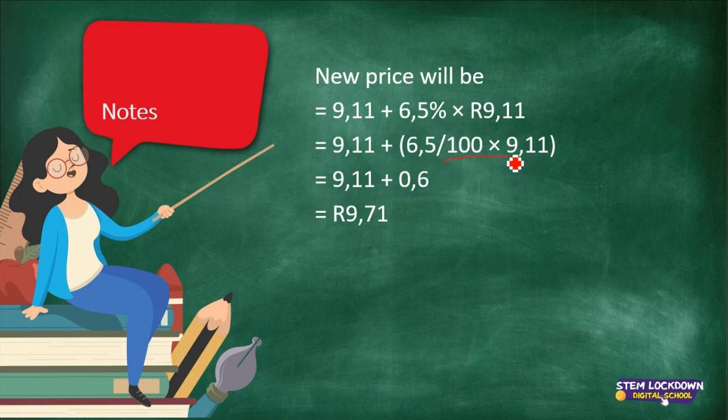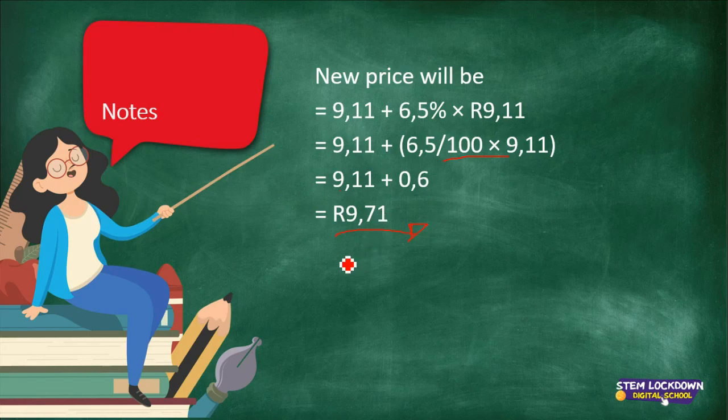This will give us about 0.6. Plus the original amount, 9 rand 11 cents. Our new price is now 9 rand 71 cents, right? So this is our new price. So an increase of 6.5% results in the new amount being 9 rand 71.